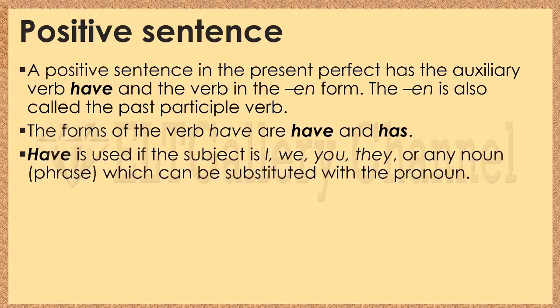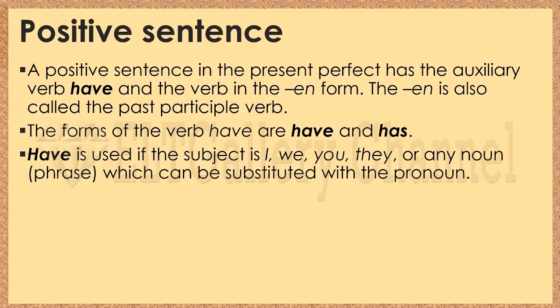Have is used if the subject is I, we, you, they, or any noun or phrase which can be substituted with a pronoun. So if you say John and I, it becomes we. If we have you and your friends, it's you. If you have Mary and her sister, then they can be substituted with they.